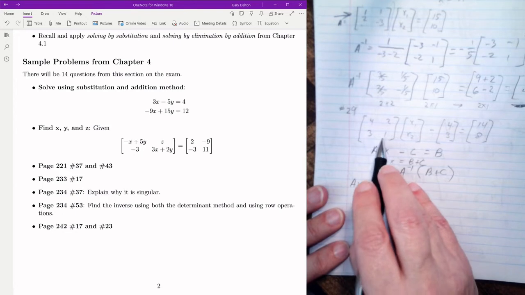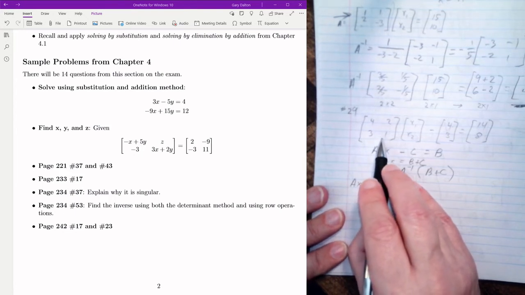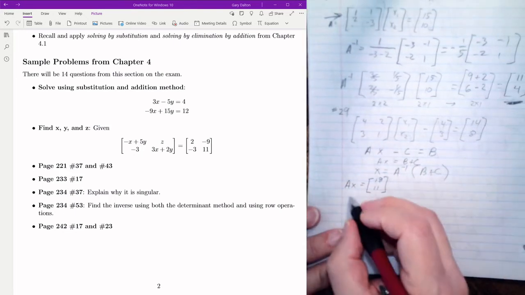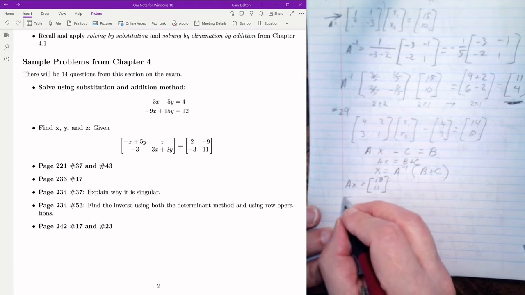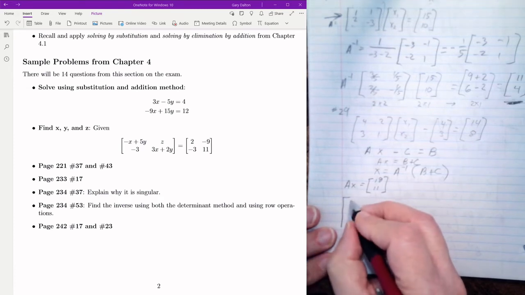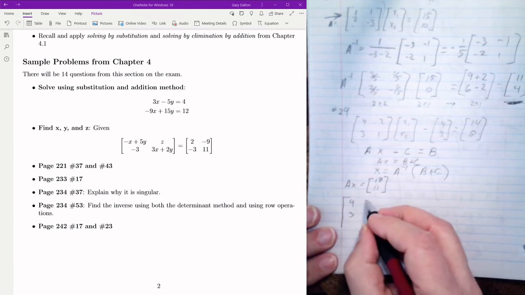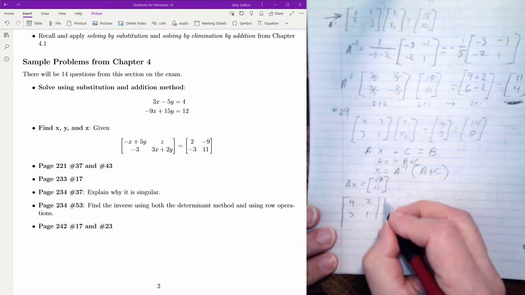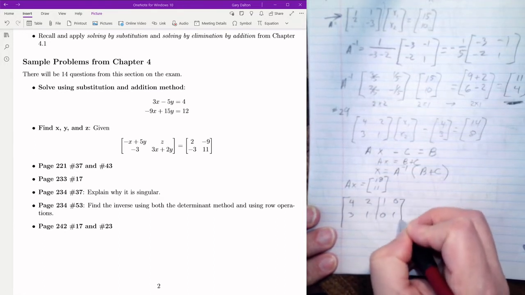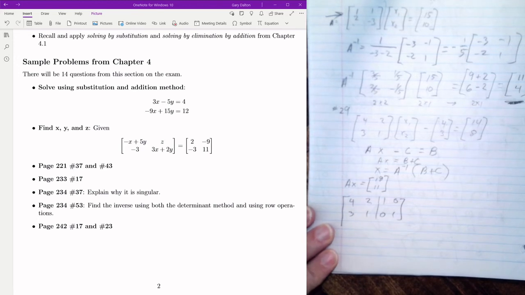Now we wish to find A inverse, and we're going to use the augmented matrix method for this one. So let's augment the matrix. We've got 4, 3, 2, 1. We'll augment it 1, 0, 0, 1. Doing row operations, what shall we do here?